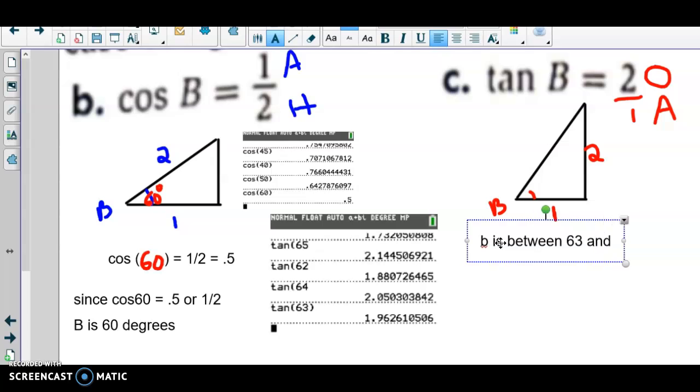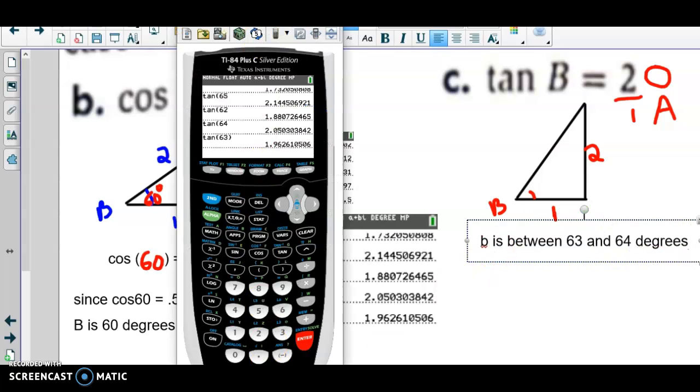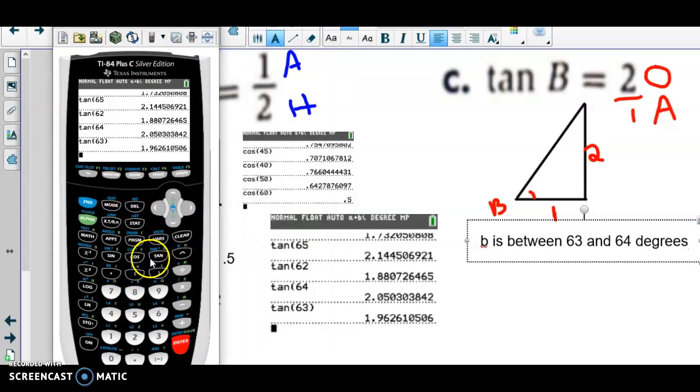63 and 64 degrees. Now, we're really fortunate we have a calculator, so it's real easy to say, well, let's test the halfway point. Let's say tangent 63.5, okay? And it's pretty close. I would say that's what we could say our answer is.